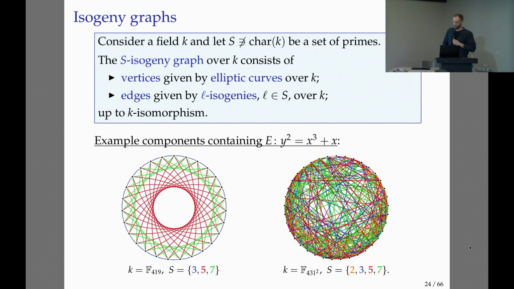Yeah, and if you do these definitions and you plug in various choices of base fields and degrees S, you get these graphs that I already showed in the beginning. And the core distinction here in the typical case is that if you use a prime field, so just F_p with p prime, you get this kind of structure.